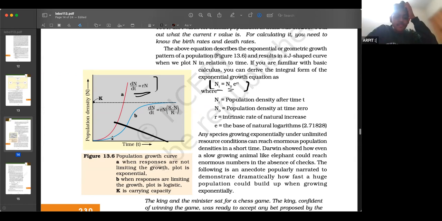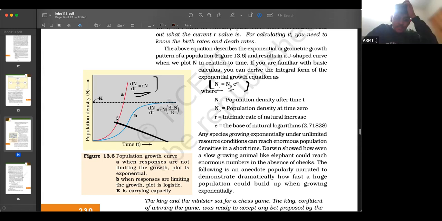As N increases, till some time it seems like it is following the exponential growth model, a less steep but exponential growth model. This we call the log phase of the population. Beyond this point, as N increases more, this whole factor will decrease because K minus N will be smaller, and therefore the change will be smaller.